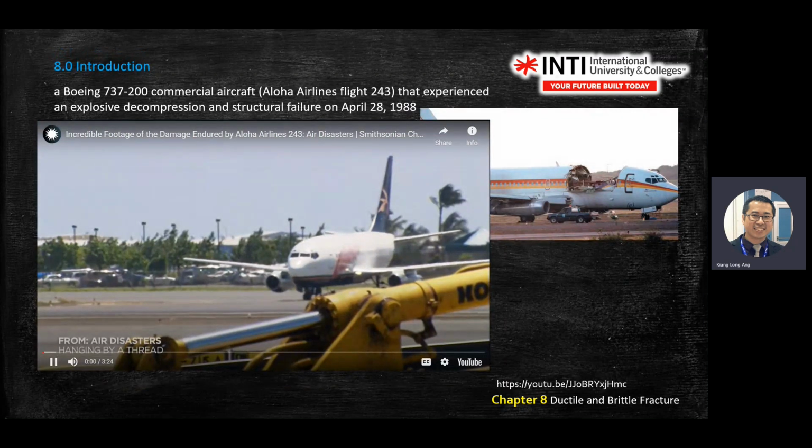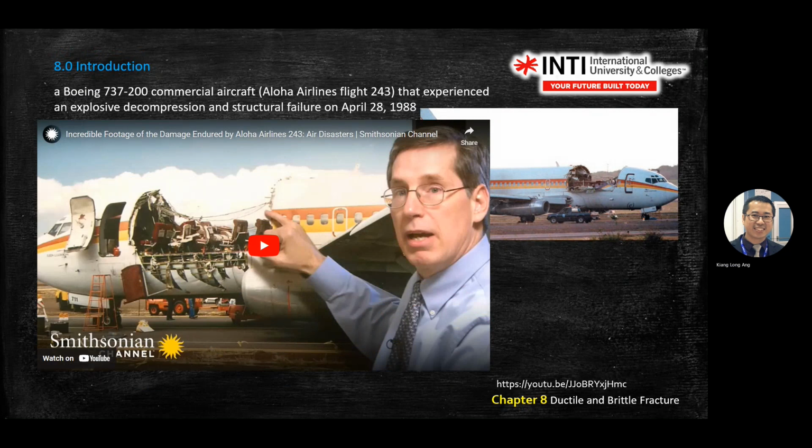This video basically talks about how this aircraft's body was damaged because of pressurization. When you go up in an aircraft, the captain will turn on the internal pressure, so you pump in air to equalize the pressure from outside and inside.